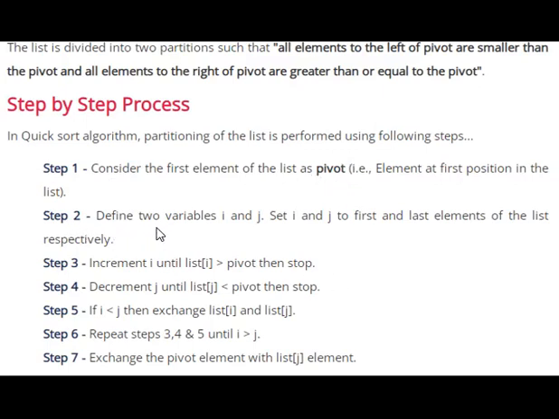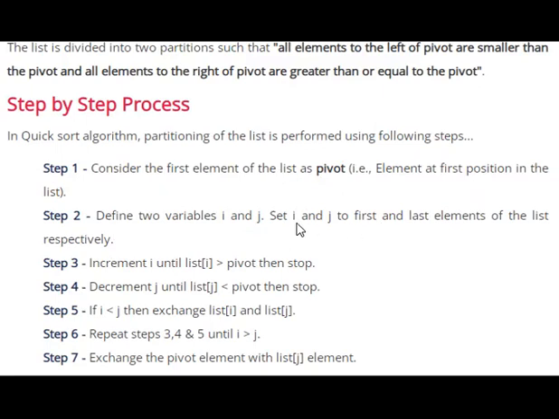Then we define two variables, i and j, that is low and high. Starting from the pivot, one corner is represented as the low value and the other corner as the high value. So one corner is i and the other corner is j.